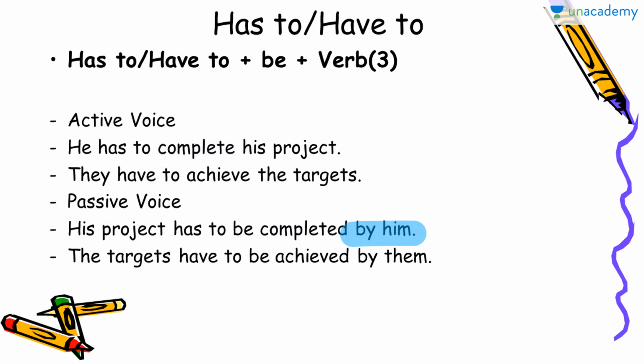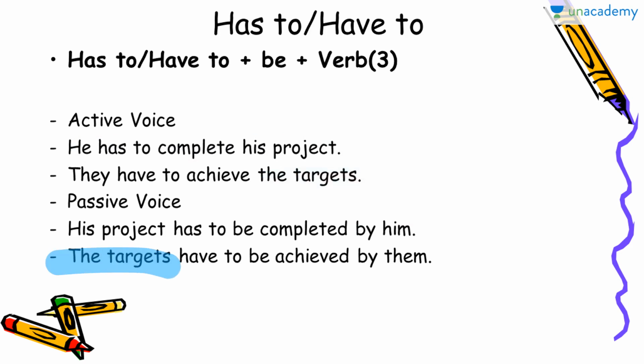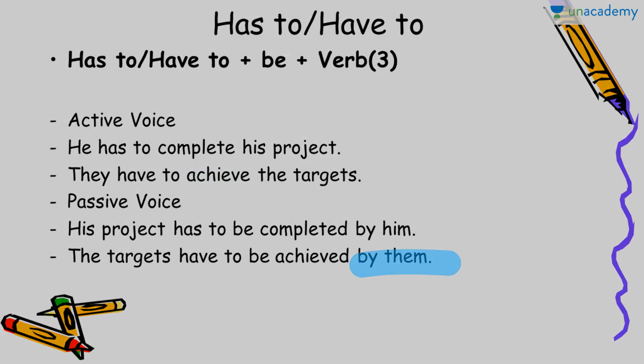By him. So he becomes him when we put it at the last of the sentence. They have to achieve the targets. It changed into the targets have to be achieved by them. The targets, which was the object, comes at the start. It is plural. That is why have to. Then we insert be and then achieved, the third form of achieve, and by whom? By them. So we place it at last.